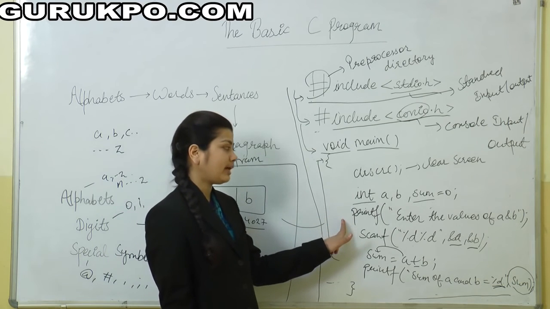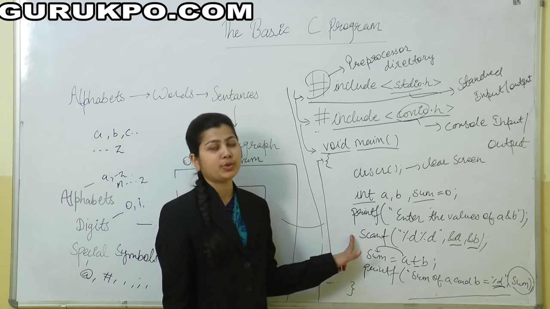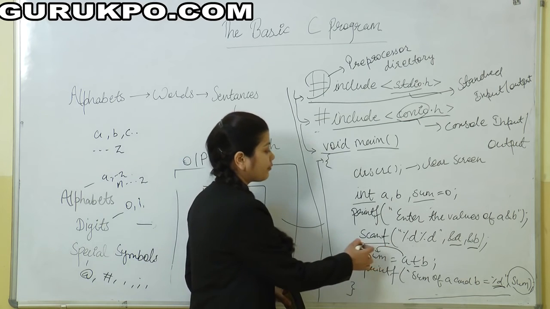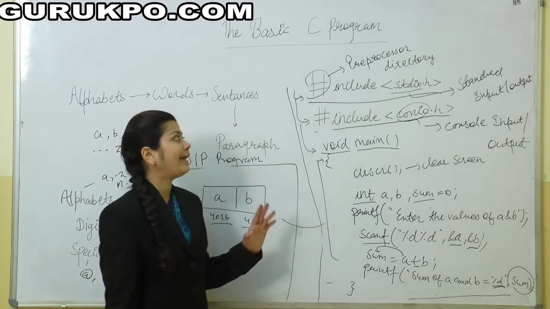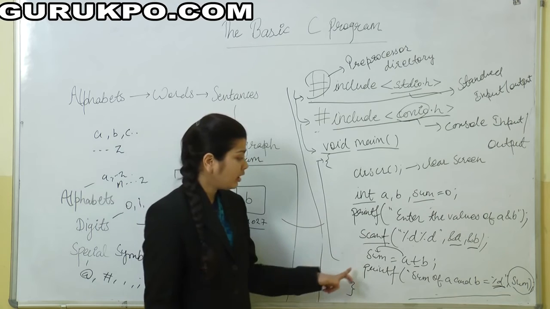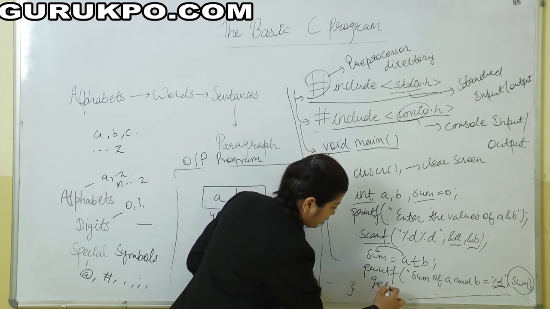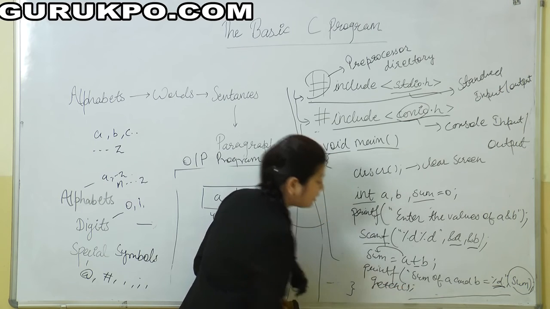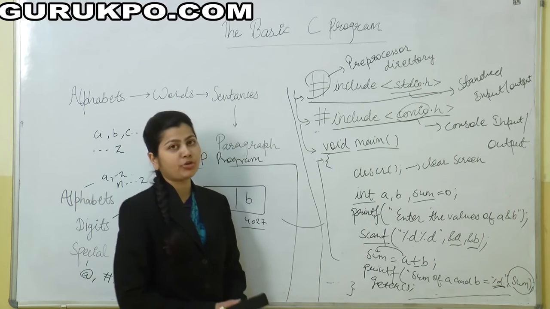After that we write the printf statement and then take the input from the user by using the scanf function. The printf and scanf functions are defined in the stdio.h header file, and the clrscr and getch functions are defined in another header file, which is conio.h, console input output.